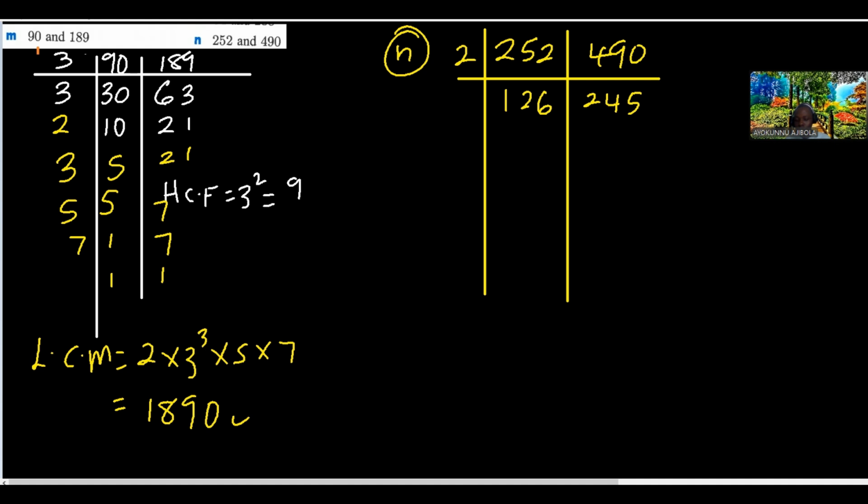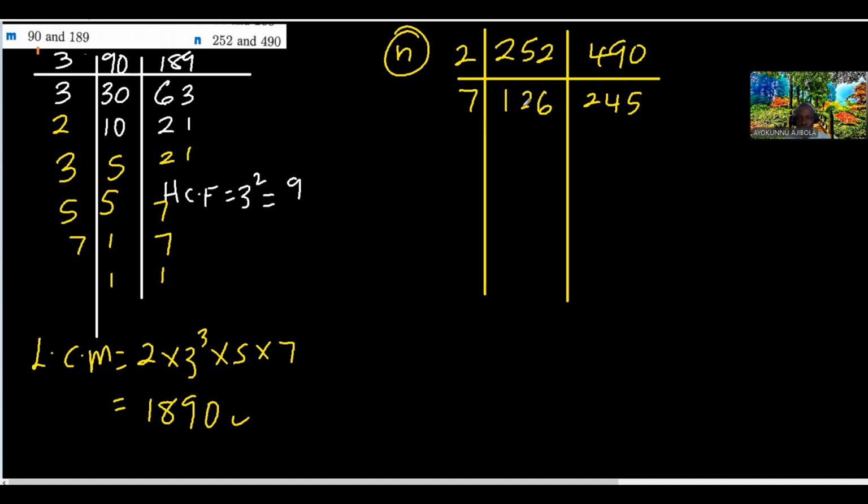Let me check if 7 is going to divide them. Let's see this one. 7 is going to divide them. Is that clear?